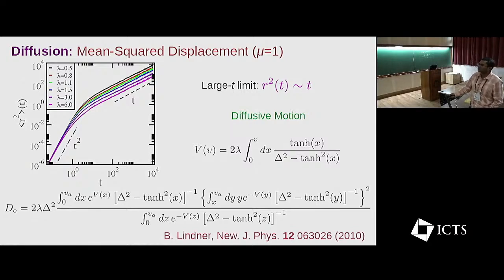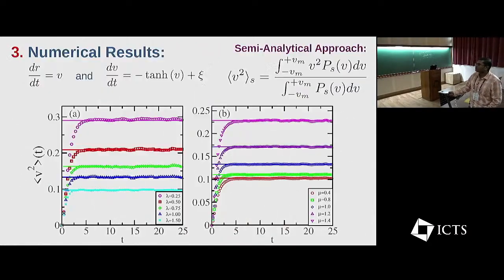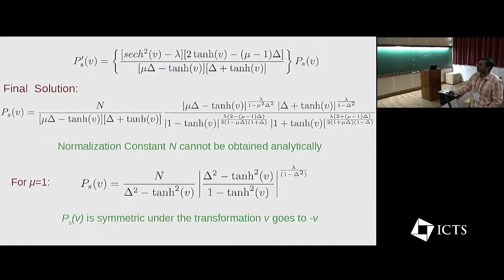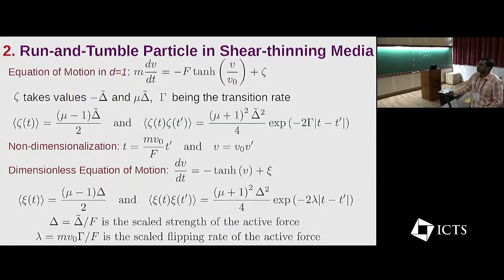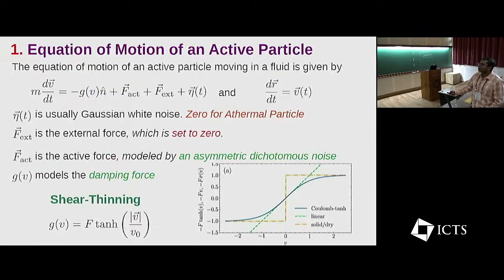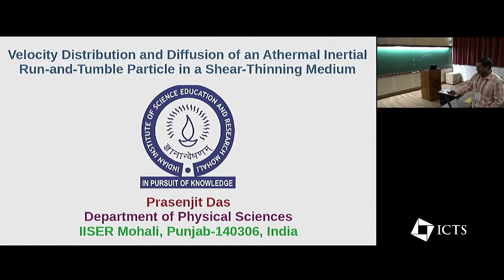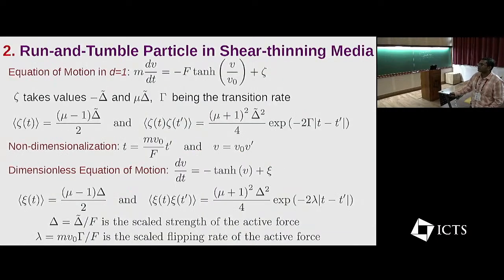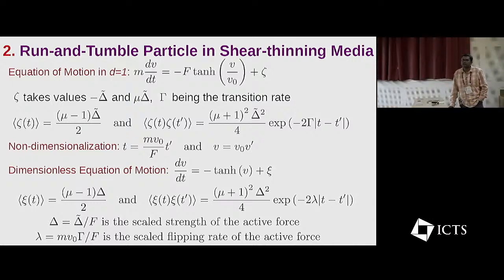If you see, this is 10 to the power 0, which is 1. Now you have to compare with our time scale, which is defined like this. All right. Okay. Thank you.